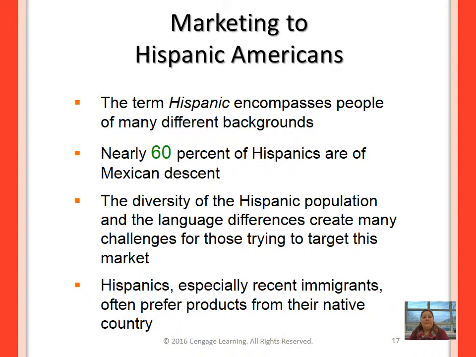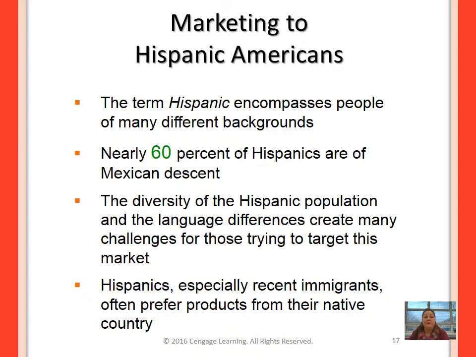One specific group is Hispanic Americans, nearly 60% of whom are of Mexican descent. Puerto Ricans make up just under 10% of Hispanics, and other groups like Central Americans, Dominicans, South Americans, and Cubans each account for less than 5% of all Hispanics.